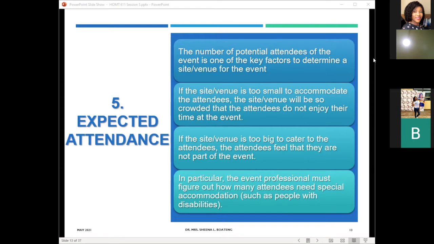So you realize that you either group the people together in one small corner or you sit them very far apart from each other to try and fill up the room, which will make the attendees feel very detached from each other. So you don't want a venue that is too small, that it cannot accommodate all the people that you are expecting. And you also don't want a venue that is too big, that even if all the people that you're expecting come, the room will still be half full.